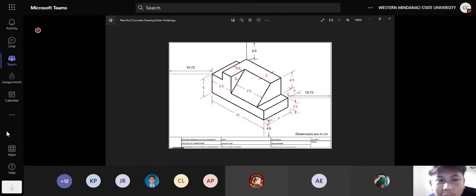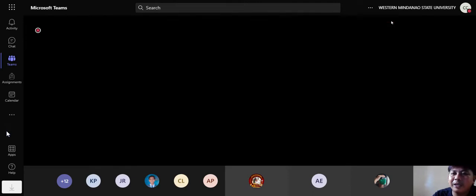And yung dimensions should not be included. These broken lines are just guidelines para ma-center, malagay natin sa center yung model natin. So yung title dito is yung cutter holder. Plate number 12. So balik tayo doon sa PDF natin.